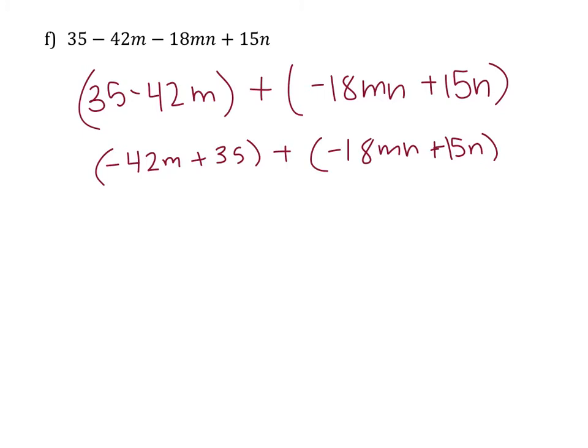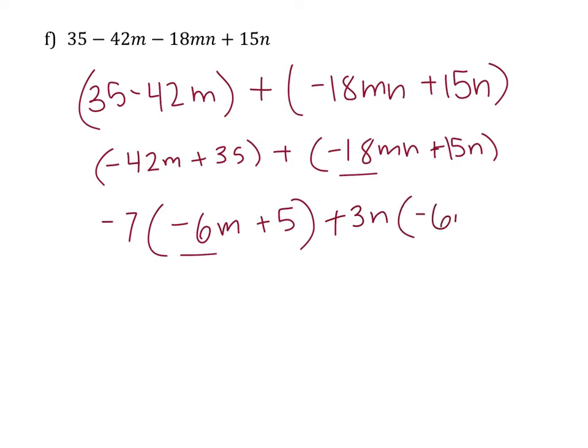Factoring out negative 7, I'm left with negative 6m plus 5. Looking at the second term, since I have negative in my first one and I want it to stay negative, I'm going to factor out positive 3, and they both have at least one n. There I have negative 6m plus 5.